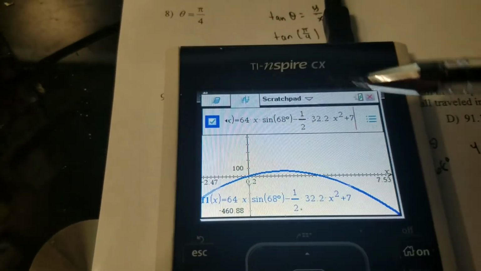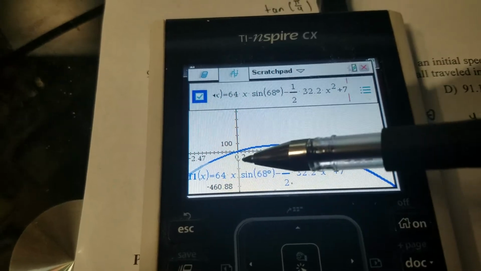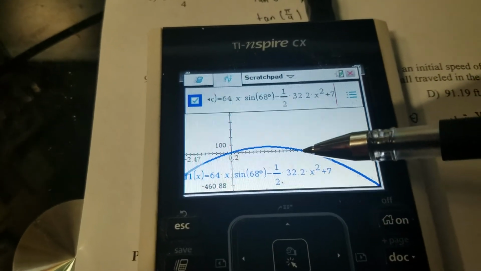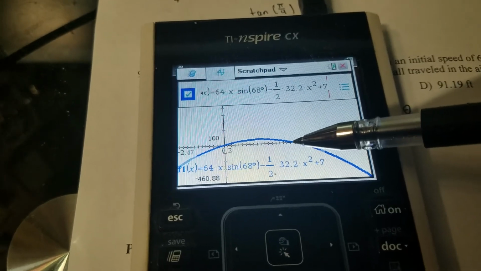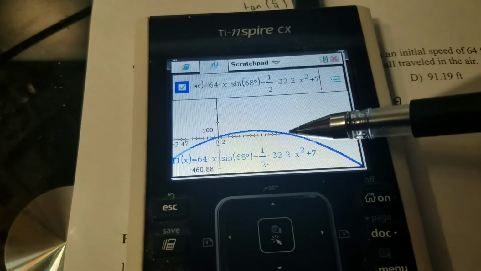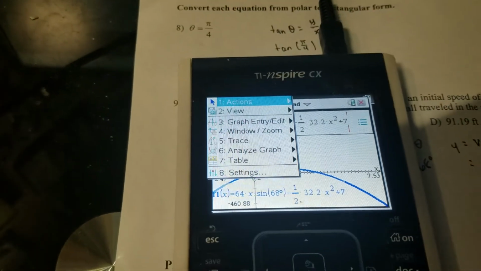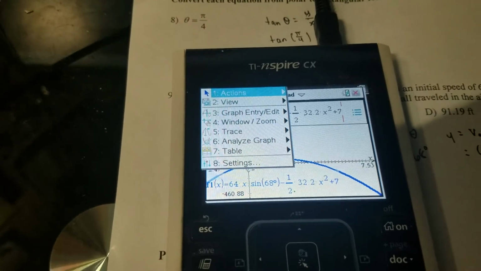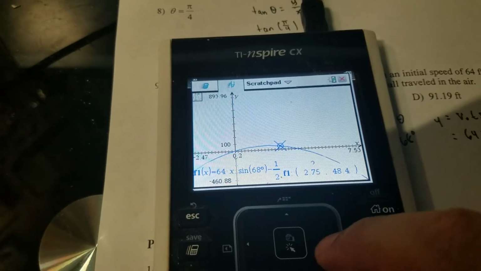Okay, and so what I have now is the y direction, how far up it goes, and this is measuring time. So when the tennis ball reaches the ground, like it does right here, that's the time I want to know. When is it crossing the x-axis? Because that's when it hits the ground. So I'm going to use the trace function here, and I'm going to look for when it says 0.